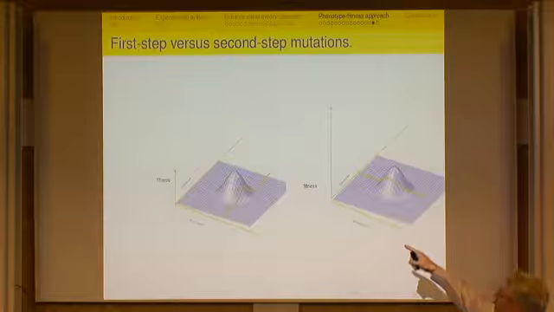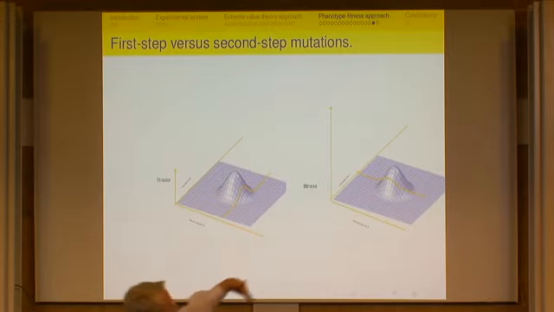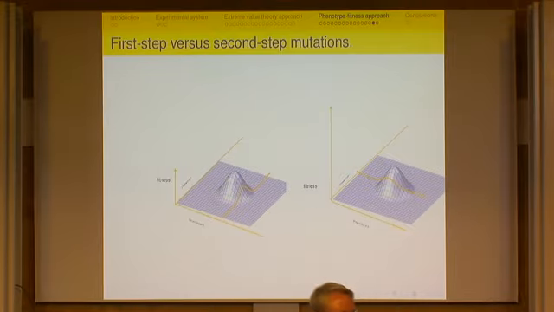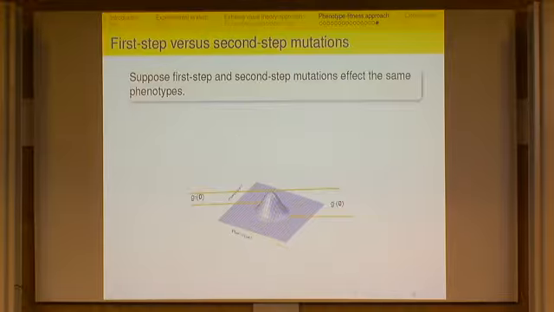If the first step is determined by that slice and the second step is determined by the other slice, there's just one phenotype affecting the first and one the second. This is just a lower dimensional version of what could happen.